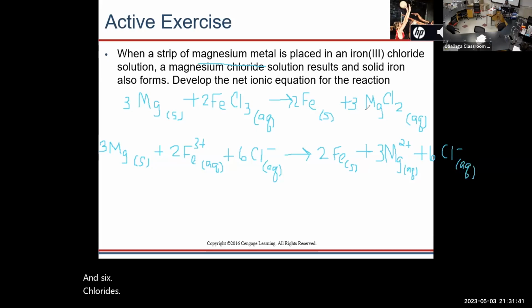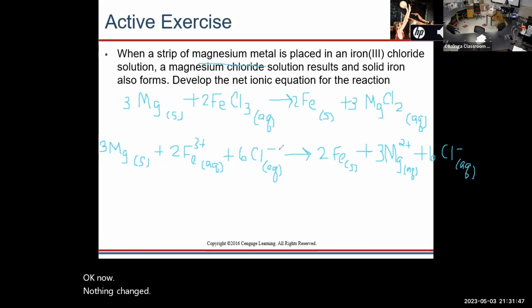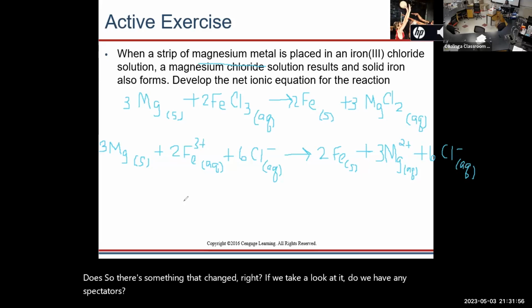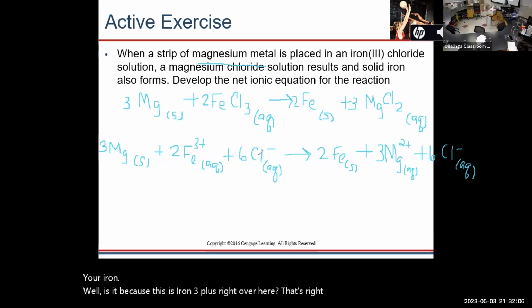Okay, now, so nothing changed? There's something that changed, right? If we take a look at it, do we have any spectators? Your iron? Well, is it? Because this is iron 3 plus, right? Oh, the other side's not 3 plus? That's right.